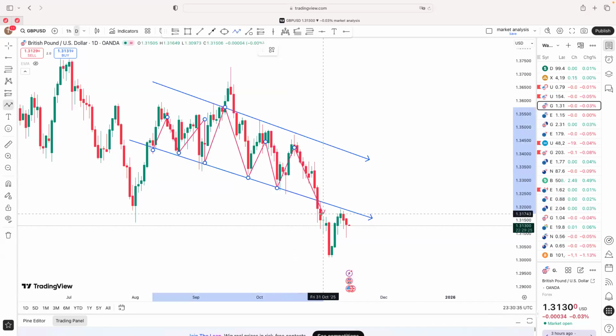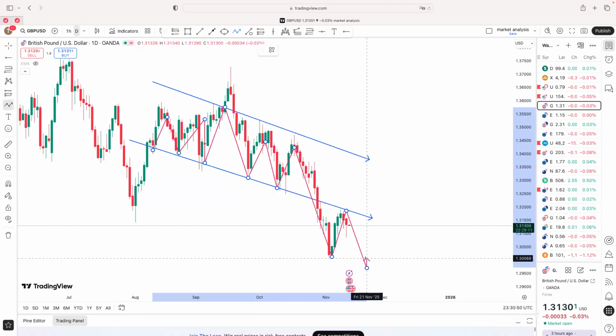The market broke out from that area. After breaking out, what happened? They came back to retest that area before we have the next impulse to the downside. Right? Perfect.